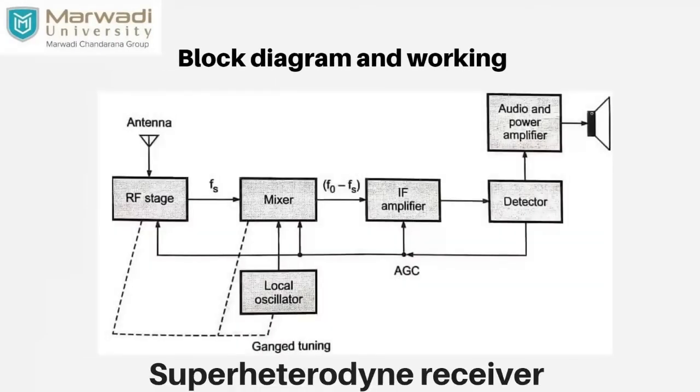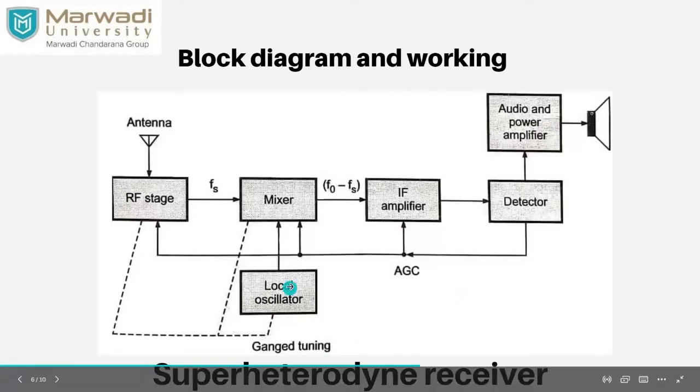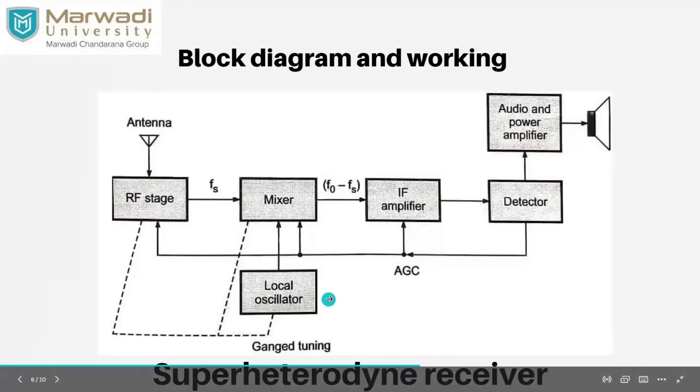So this is the block diagram of the superheterodyne receiver. How does it differ from the previous one? We are using a local oscillator, mixer, and IF amplifier in this. What is the local oscillator?